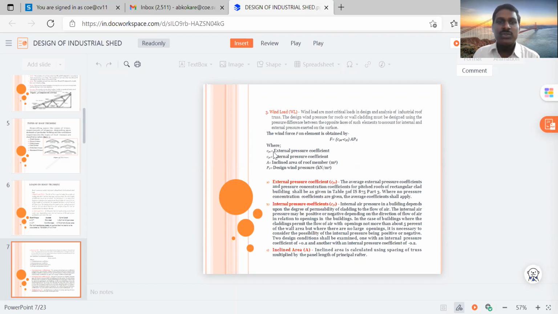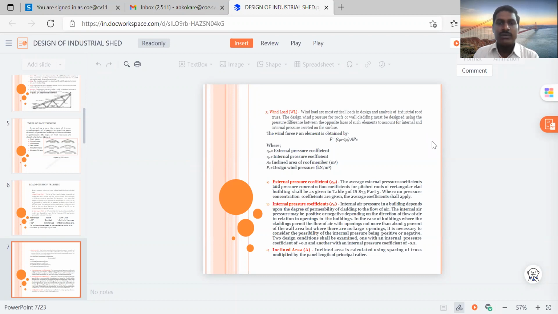So this is the formula. Here CPE is the external pressure coefficient, CPI is the internal pressure coefficient. These coefficients are given in IS 875 part 3. So IS 875 part 3 is used for the wind load calculation.